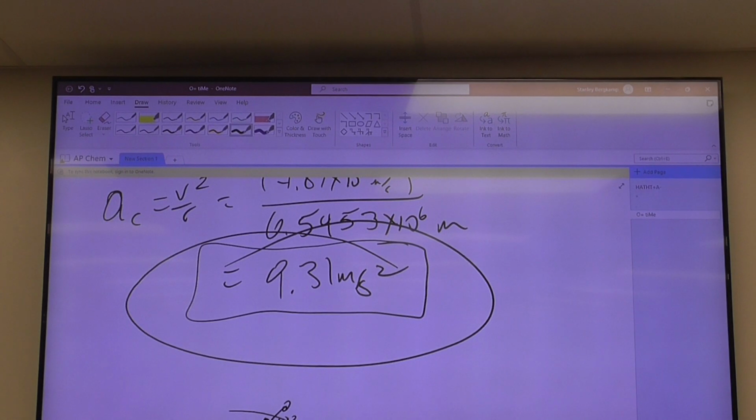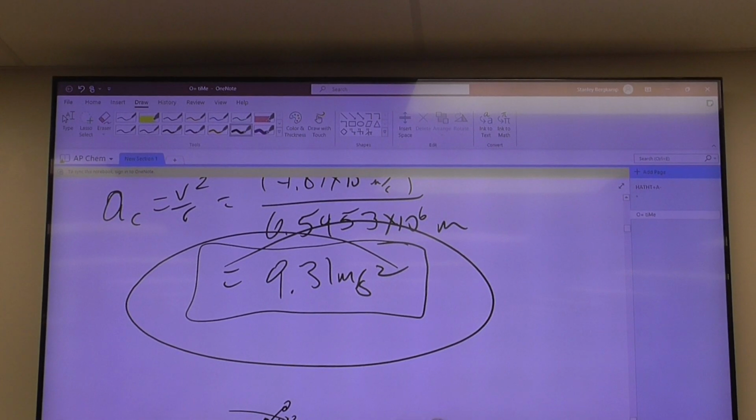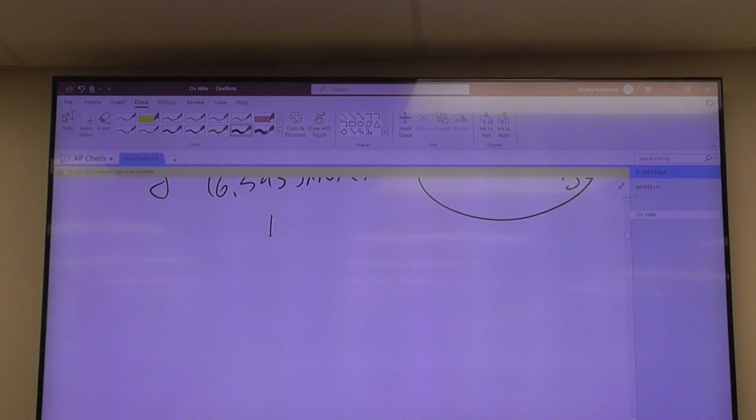Why are those two numbers the same? Because force gravity equals force centripetal force. The gravitational force is creating the centripetal force. Now, we're going to look at this from a couple of different ways. At the end of the day, we said that the gravitational force equals the centripetal force.